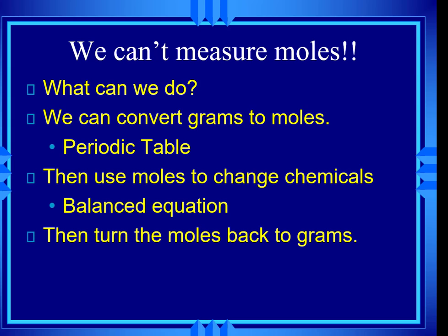Then I'll be able to turn those back into grams again, because when I'm trying to say how much I'm going to make, I don't want to know how many moles I'm going to make. I want to know how much it's going to weigh. And I'm going to get those numbers off the periodic table.